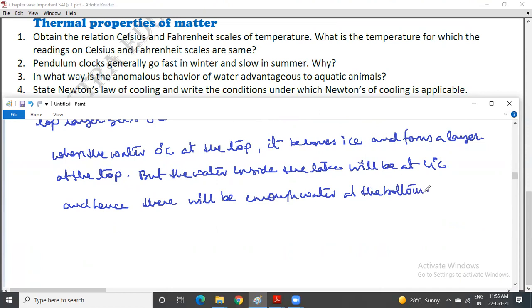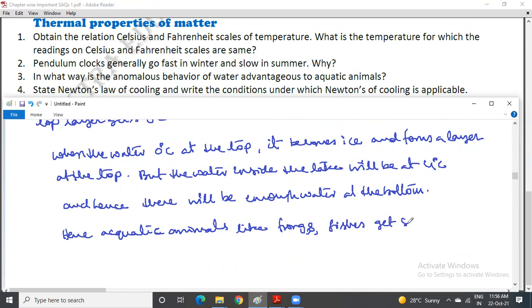So in this bottom layer of the lake, aquatic animals like, what do you call, frogs, let me say fishes, get survived. So this is enough to write.